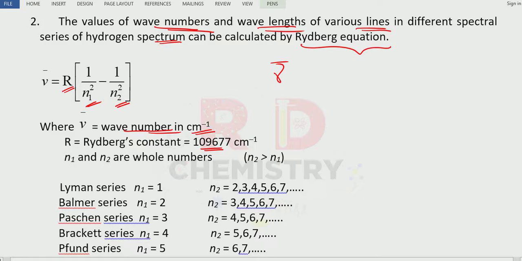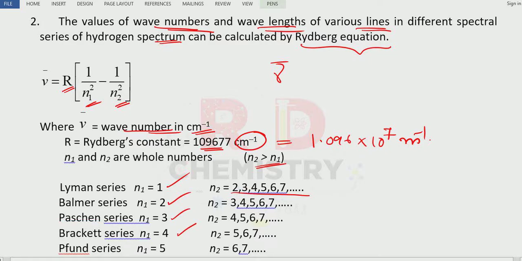What is the value of the Rydberg constant? 109,677 in terms of centimeter inverse, or 1.096 into 10 to the power 7 in terms of meter inverse. And remember, n1 and n2 are integers, and n2 is always greater than n1. For Lyman, n1 is fixed at 1, and n2 takes higher values, higher shells. For Balmer, n1 is 2, Paschen n1 is 3, Brackett n1 is equal to 4, and Pfund n1 is equal to 5. And n2 is always greater than n1, correct?